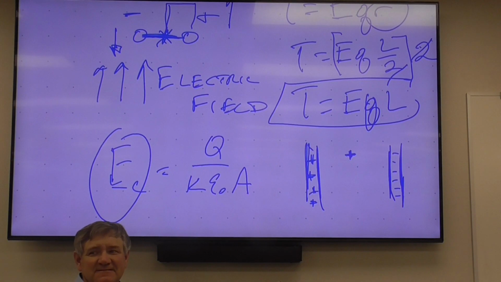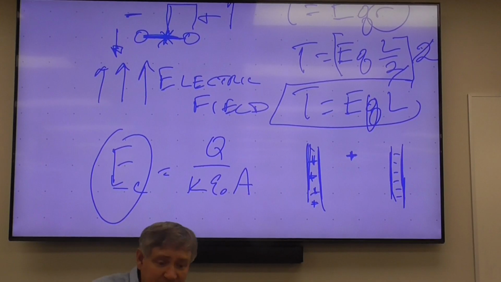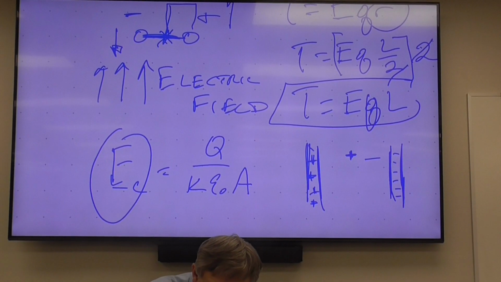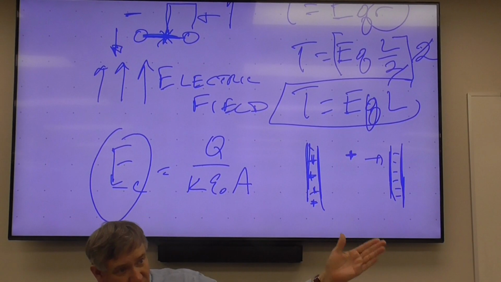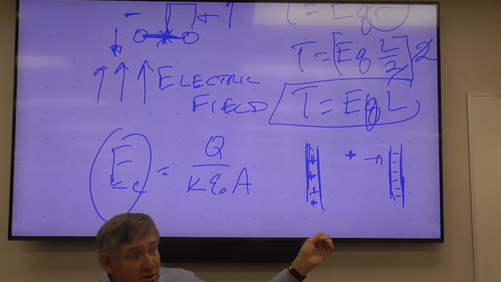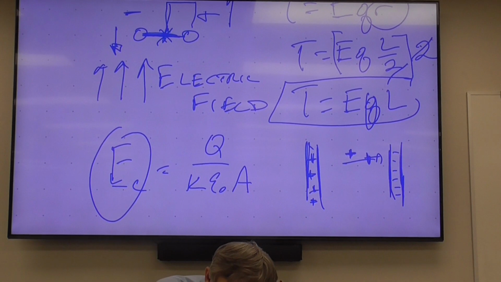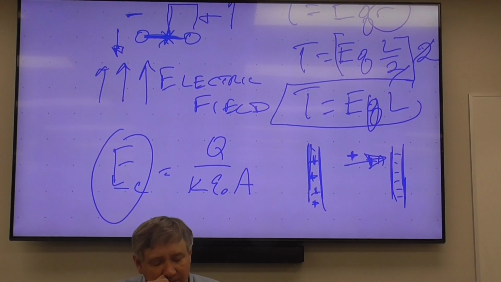It's a positive charge, so it's going to be repelled by the positive plate and attracted by the negative plate. Beautiful. So this thing has two things going for it to push it this way. It's being pulled towards the negative and it's being pushed away from the positive. So this thing really wants to go this way.